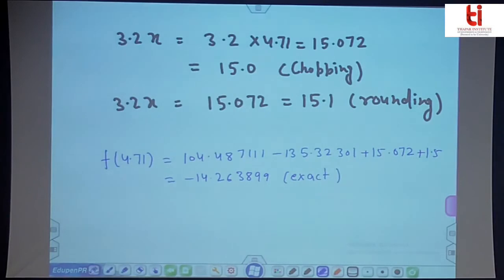Now we'll compute f of 4.71 using chopping. It is 104 minus 134 plus 15 minus 1.5. It is minus 13.5 using chopping.